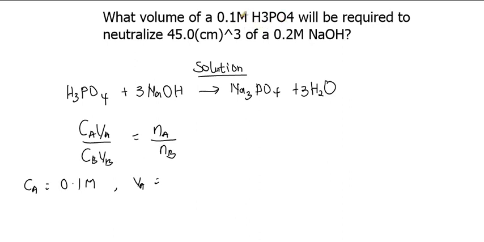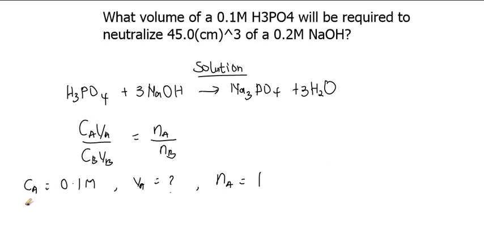So we are looking for the volume of the acid. So Va is unknown. The number of moles of acid Na is 1. That is the coefficient of the acid in the stoichiometric equation. So we have Na to be 1.